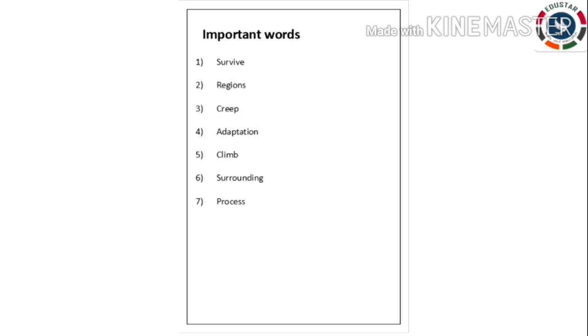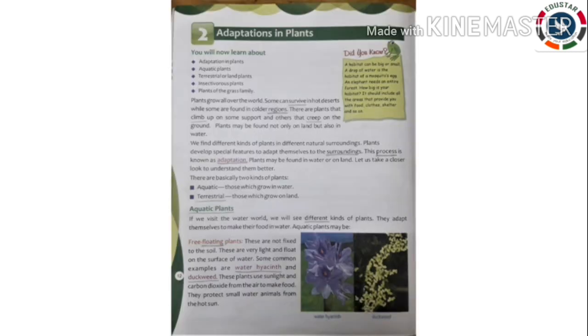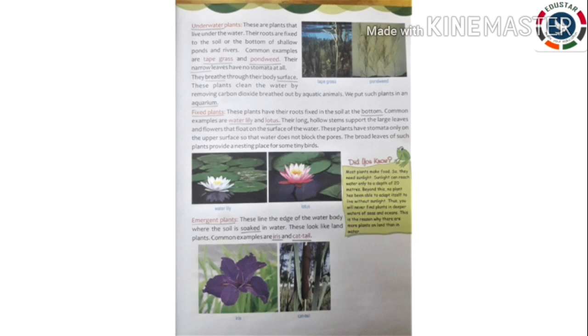For this you need to take your science book, page number 12. Here I underline some words. You just see the video and underline in your book. After that, on every page I underline some words. These are important words. This will help you to revise.